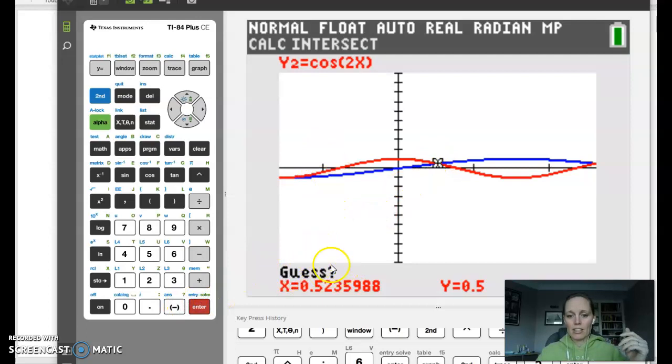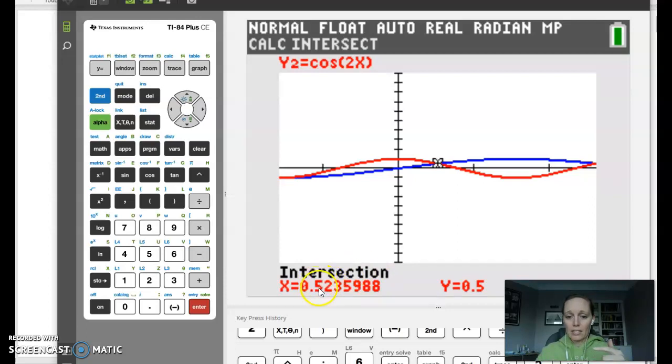And finally, down here you can see it's saying guess. So it's close to the intersection point, and then it tells you the intersection point is here at 0.5235988. Well, we need to know what value that is on the unit circle. So use some of your mathematical skills to help you with this, right? The options are pi over 6, pi over 4, and pi over 3.